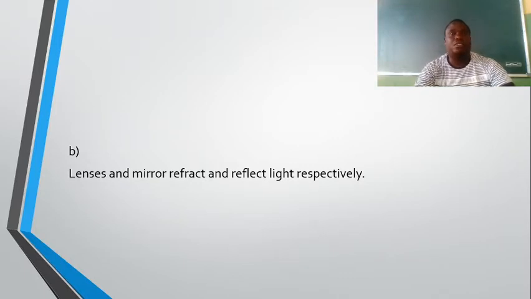Hope you have seen it in Chemistry, but I'm going to remind you a little bit by using some animations. So, mirrors reflect light. When light strikes the surfaces of mirrors, light is reflected.